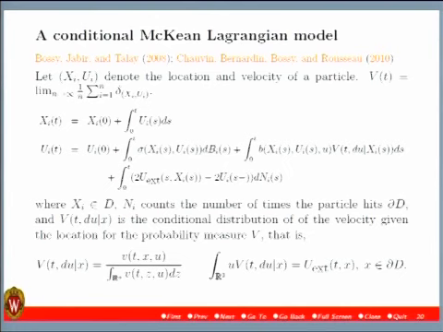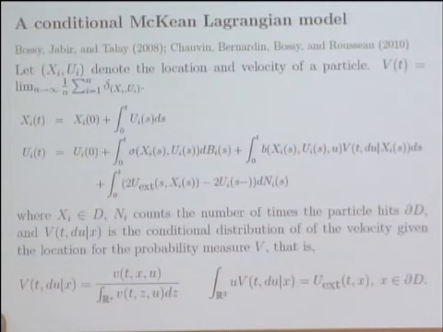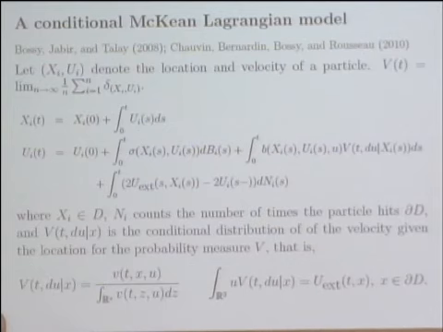This one talks about a conditional McKean-Lagrangian model. The model I'm writing down is really deterministic, although obviously you could tack on some more noise and make it stochastic. What interested me when I discovered this is the boundary conditions that showed up in the Allen-Cahn equation and how you match boundary conditions.